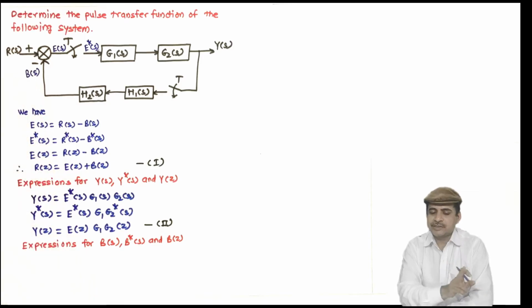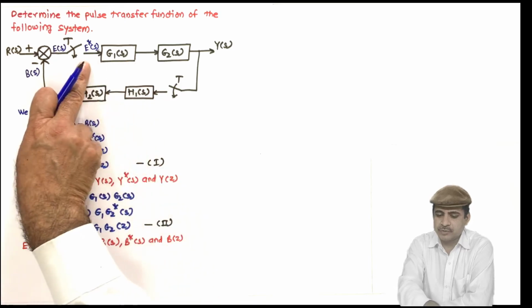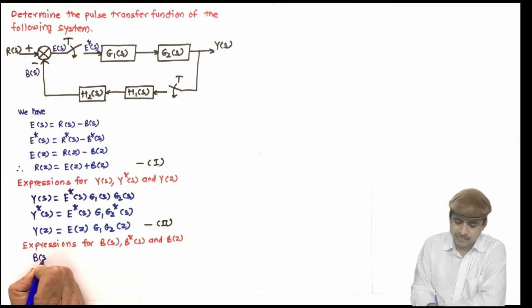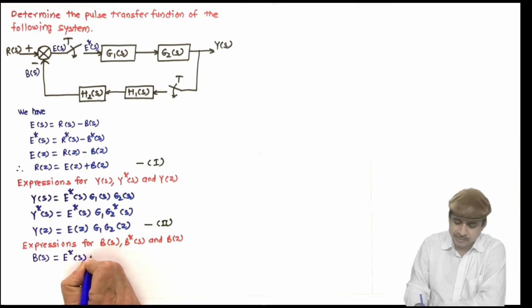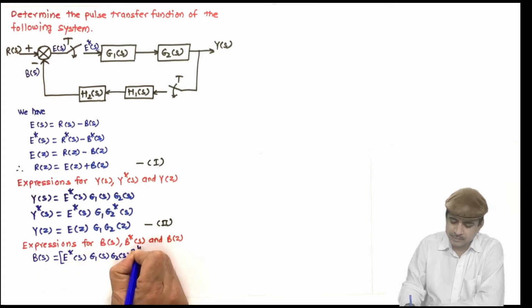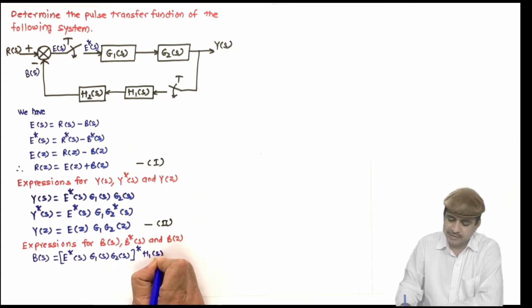As discussed in the previous class, don't start with Y*, start with E*. So what is B(s)? It is E*(s) into G1(s) into G2(s) whole star because of this sampler, into H1(s) into H2(s).